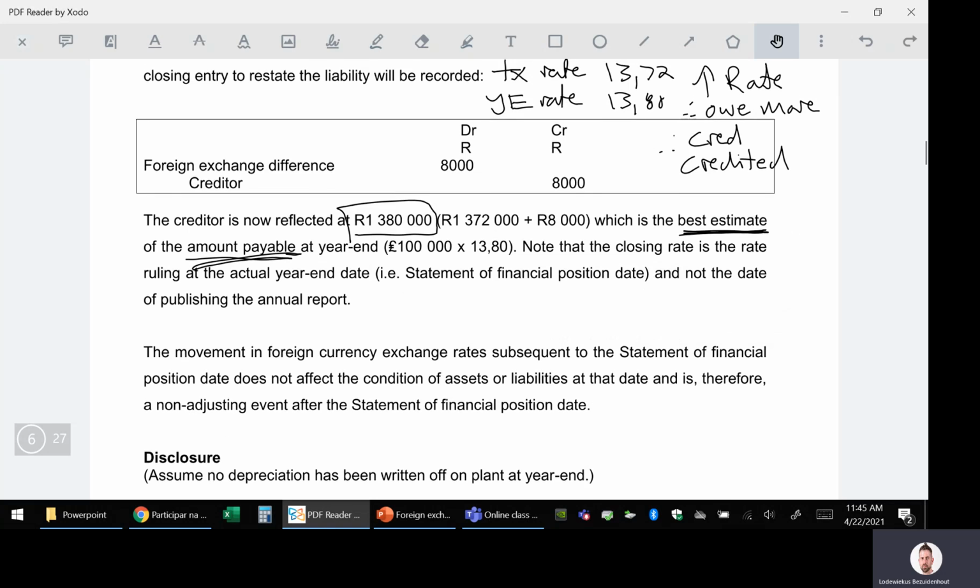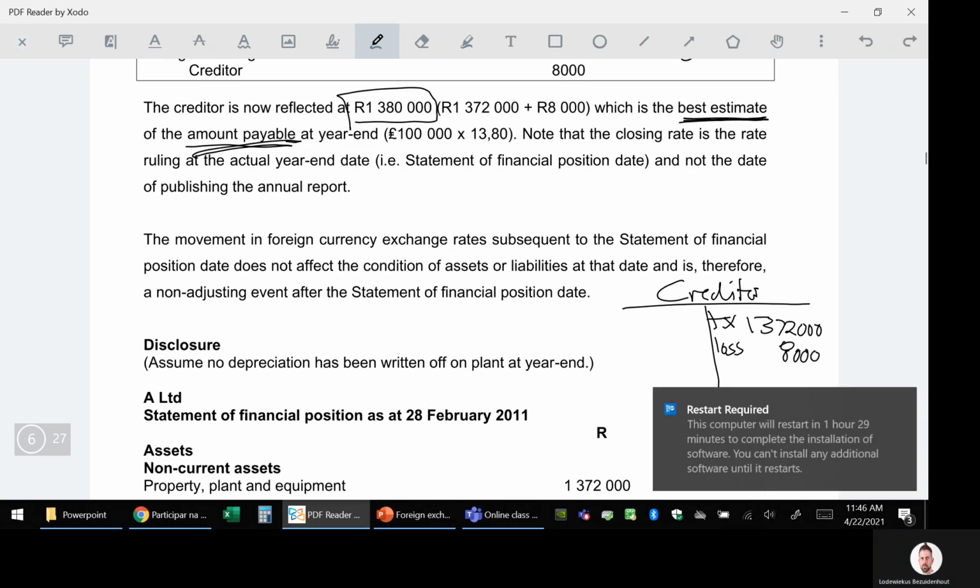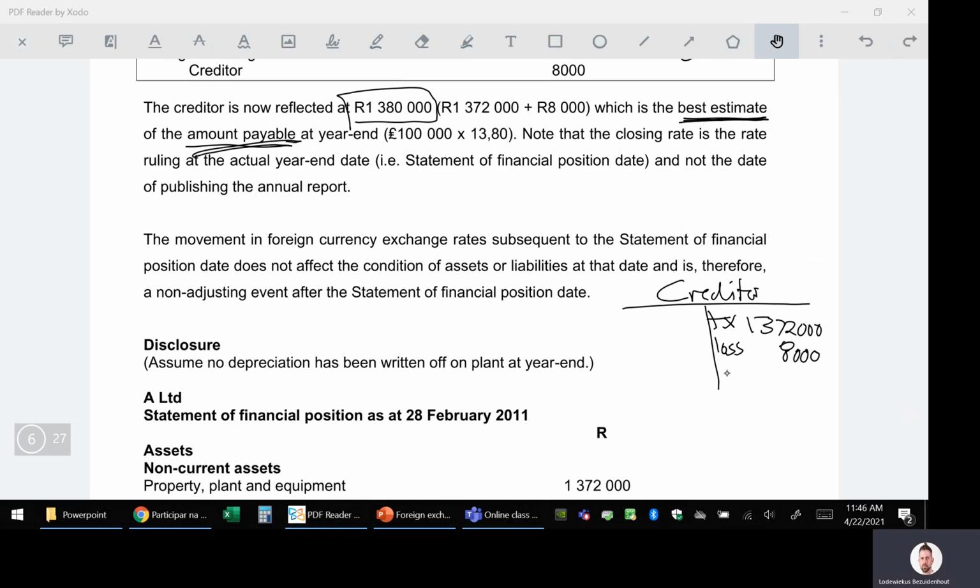So if we look at the creditor, we will have the transaction at 1372. We have a loss of 8,000. And that gives us the balance of 1380. All right. So remember, the 1372, the converted foreign currency at the transaction date spot rate, is already there.